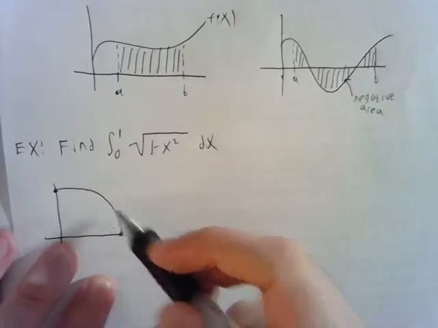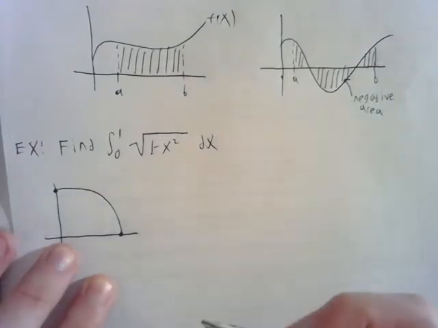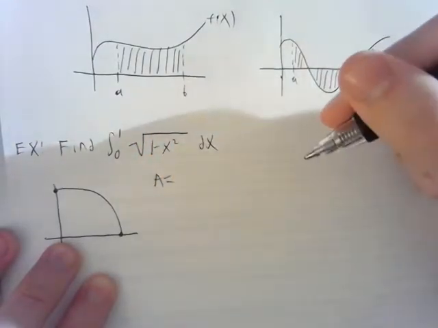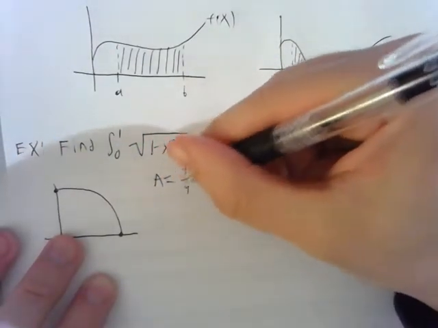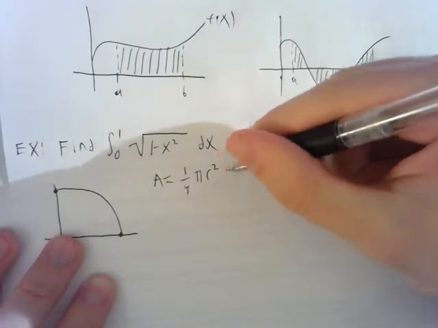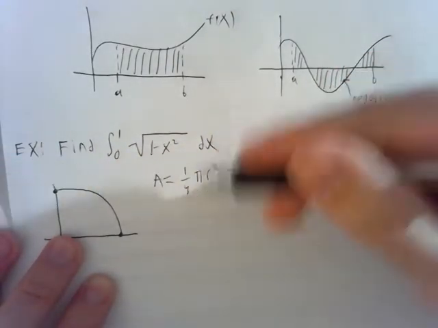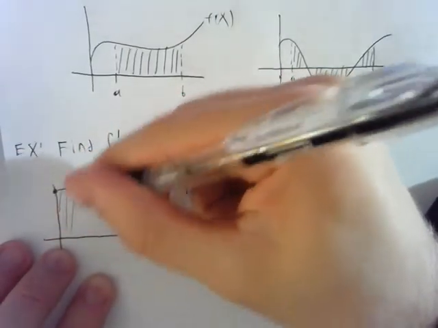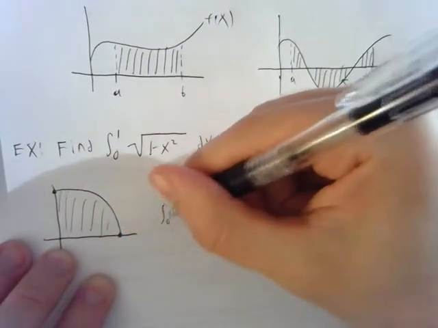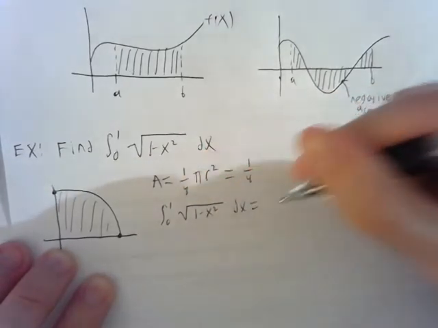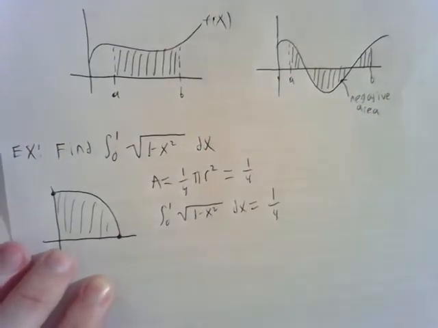So this is a quarter circle in the first quadrant of radius 1. So the area of a quarter circle is going to be equal to 1/4 pi r squared, which is equal to 1/4 pi. And since this is the value of the area here, that means that this integral is just equal to pi/4.